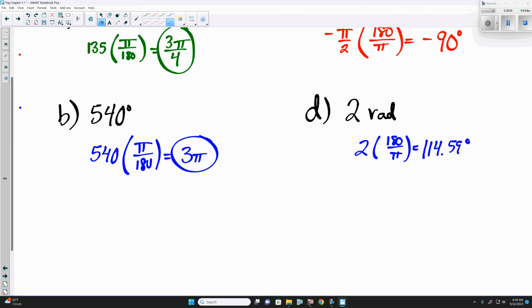Now, not every radian to degree will always give us a nice number. And the cases when it won't is if pi isn't there. Because here we have 2 radians, we don't have 2 pi radians. A little bit different. Questions on this here?